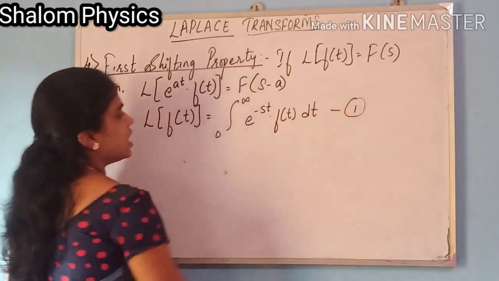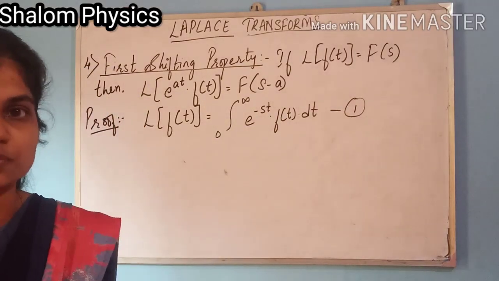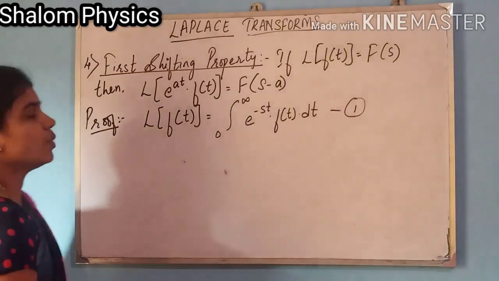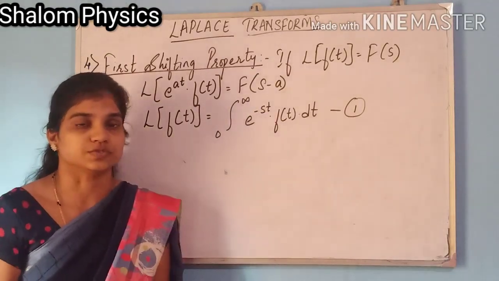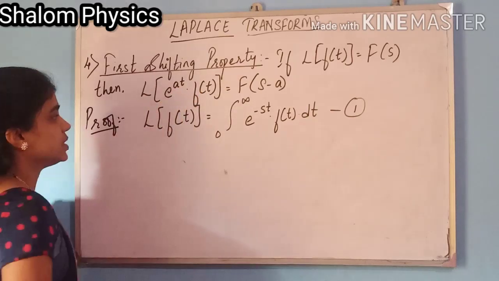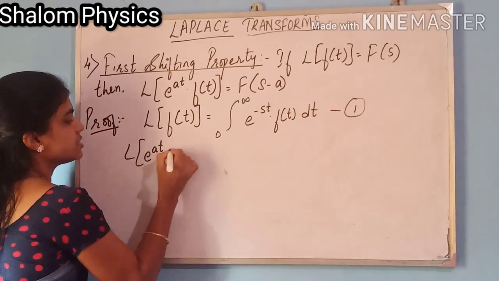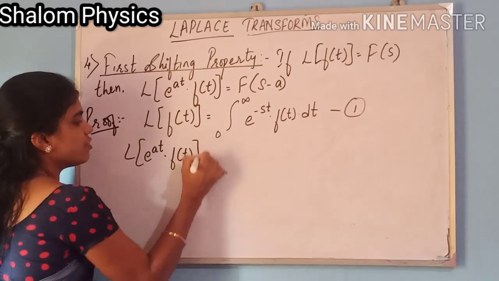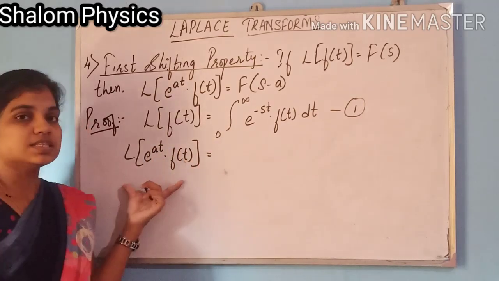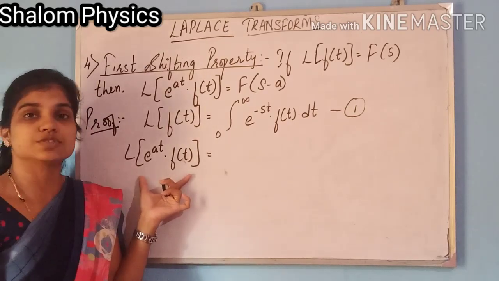This is our definition of Laplace transform. But what do we have to prove? The first thing we have to take is the LHS. So what is the LHS? Laplace transform of e raised to at f of t. This is our LHS.